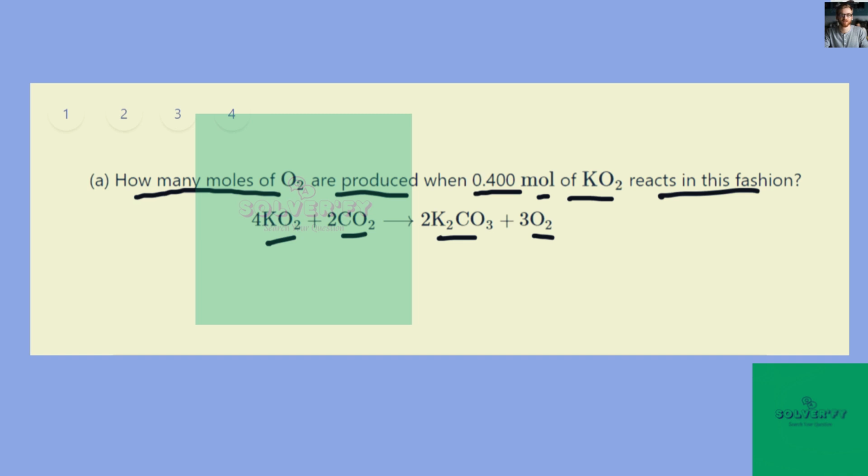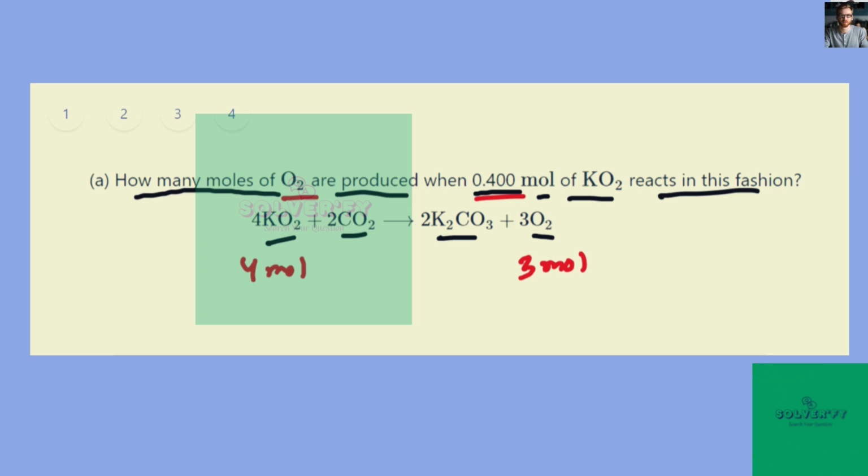So from the balanced chemical equation, we can see that 4 mole of KO2 will produce 3 mole of oxygen. That means from here, we can find out how many mole of O2 will be produced from 0.4 mole of KO2.